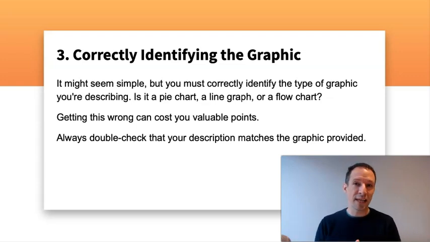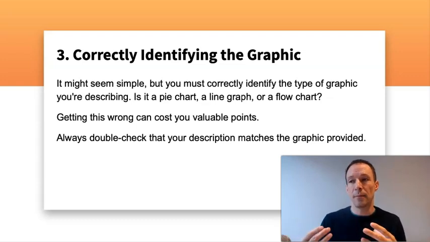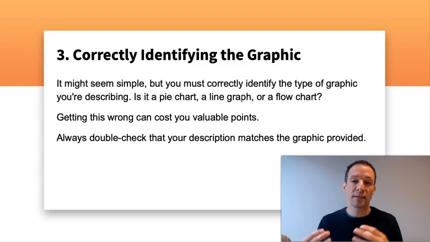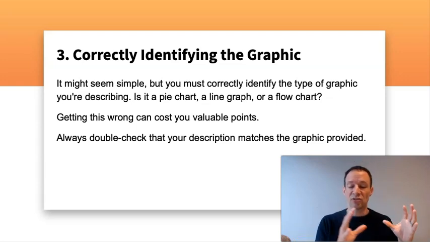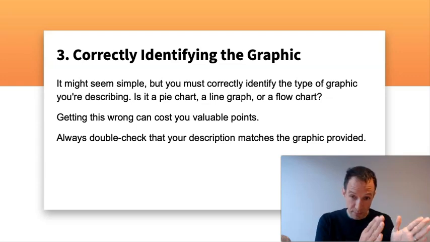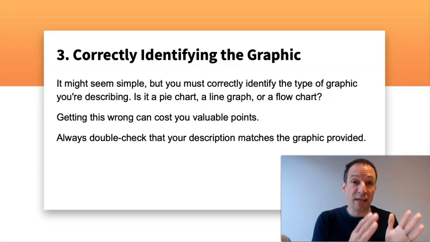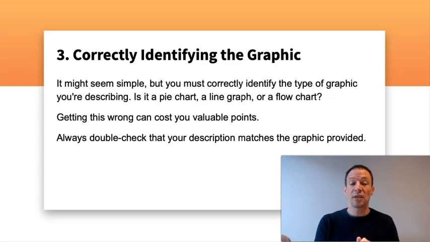It's very unlikely we're going to be using a pie chart to show a change in the data. Pie charts are used for other purposes. So just make sure: okay, I see a pie chart, I'm going to use fractions and percentages. I see a line chart and it shows a change over time, I'm going to use dynamic vocabulary. The important thing here is not getting them mixed up.